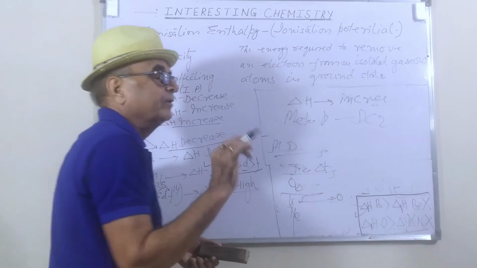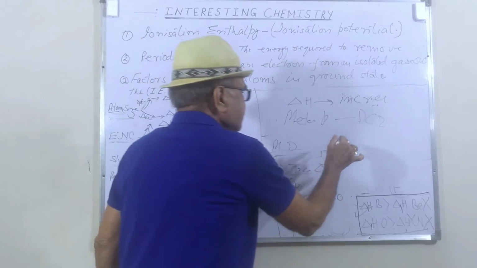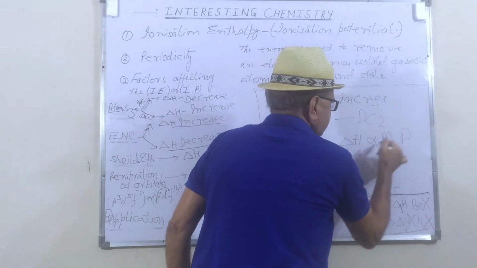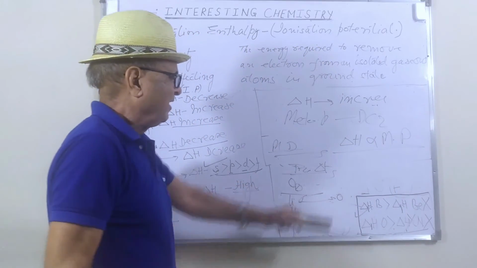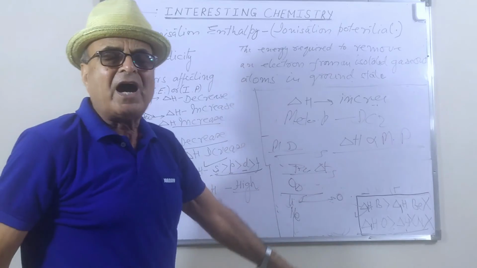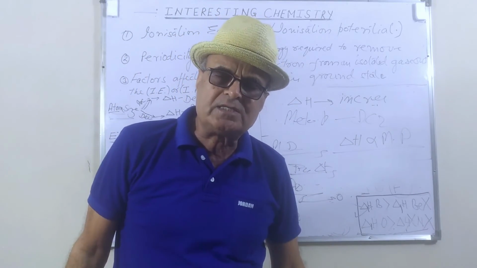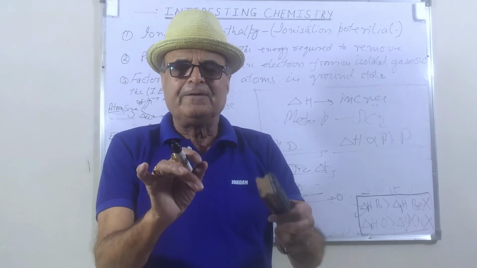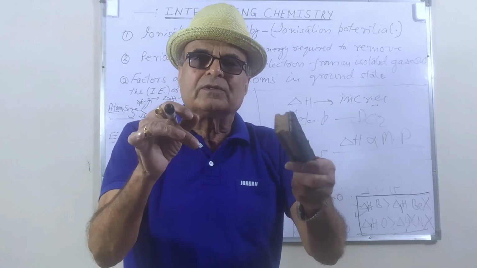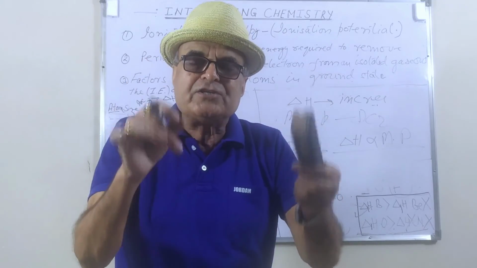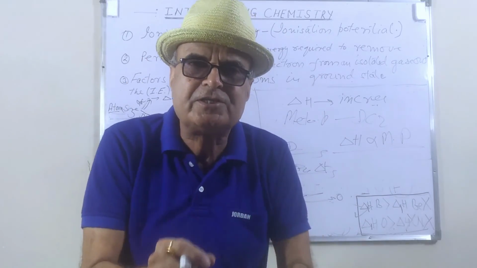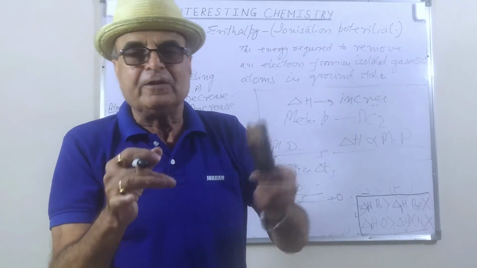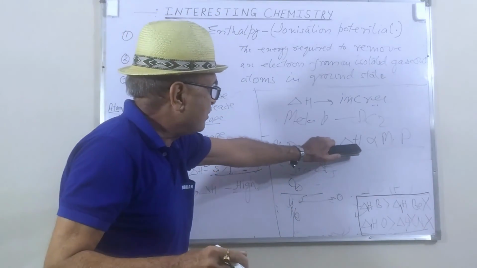So delta H and the metallic properties are inversely proportional. As the ionization enthalpy increases, the metallic properties will decrease, and if the ionization enthalpy decreases, the metallic properties will increase. In this way, they are inversely related.